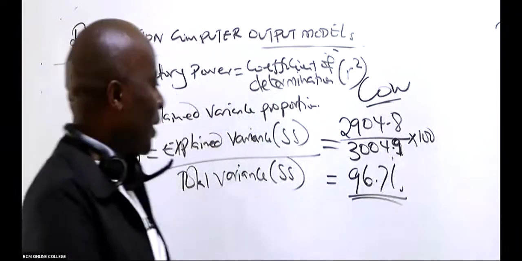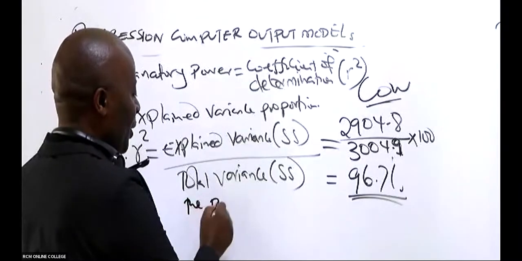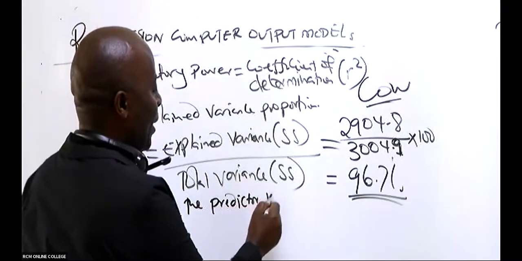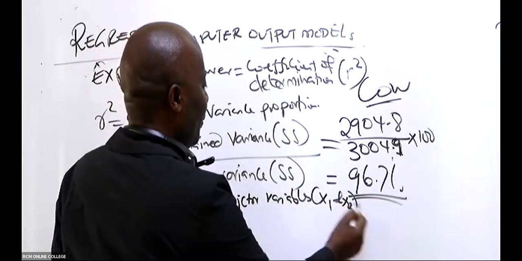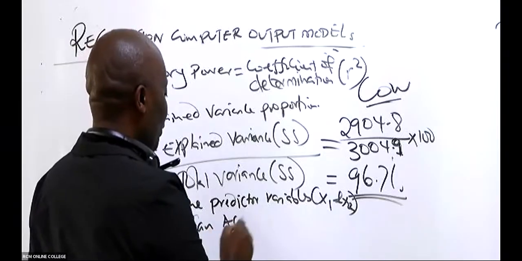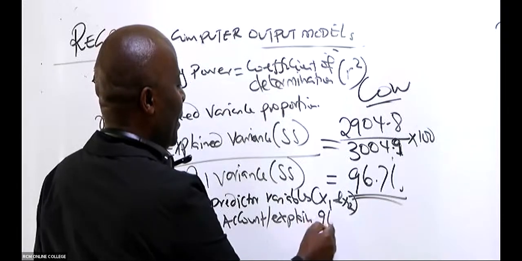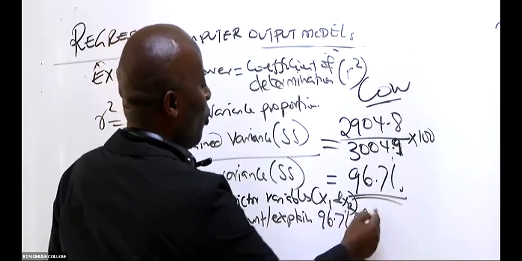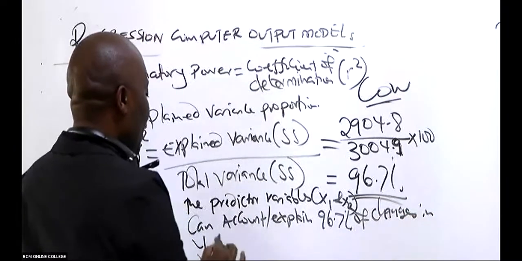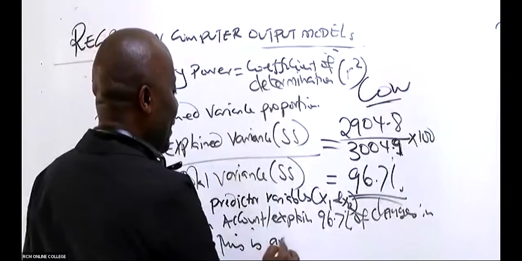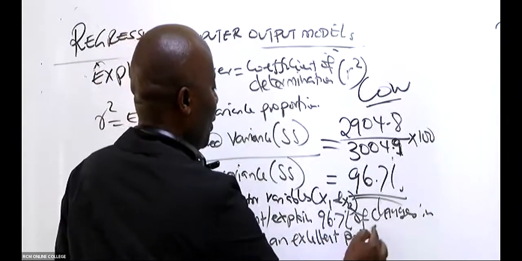This means that the predictor variables, that is X1 and X2, can account, that is explain, 96.7% of changes in Y. This is an excellent prediction model.